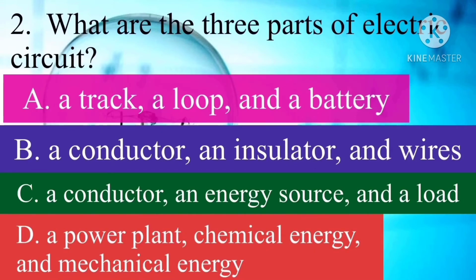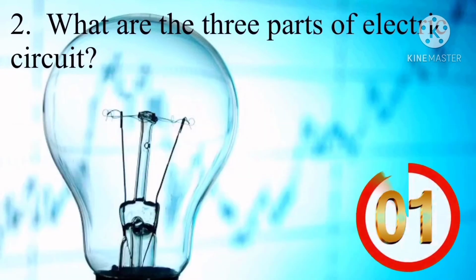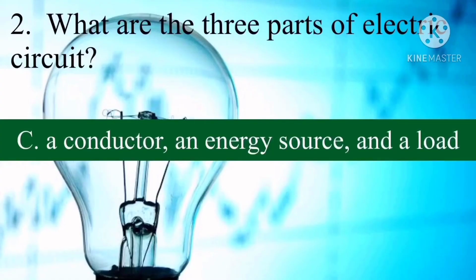D. A power plant, chemical energy, and mechanical energy. Good job! You got the correct answer. The correct answer is letter C. A conductor, an energy source, and a load.